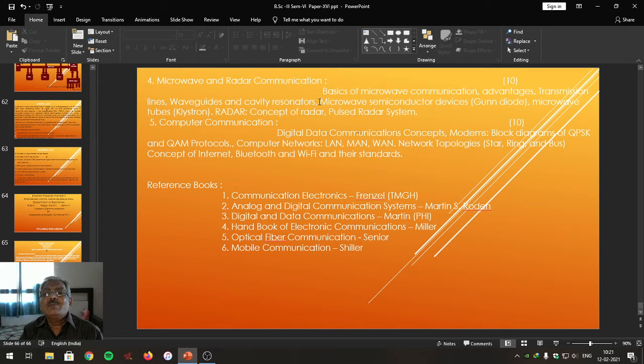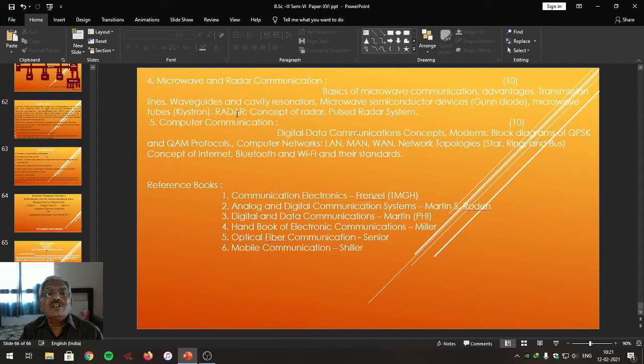Then some microwave semiconductor devices which are used for constructing the electronic circuitry being used to generate the microwaves and also to carry them from one place to another place, like gun diode, microwave FET, that is a Klystron tube, FET, microwave field effect transistor are the devices which we are going to study.